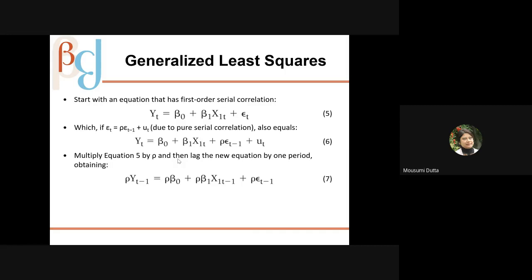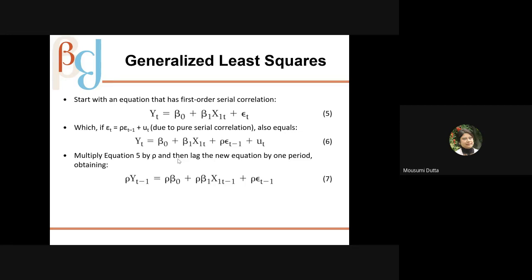So let's see what is meant by the generalized least square technique. In the context of a simple model, where the error in the original model is not a white noise, start with an equation that has first order serial autocorrelation.